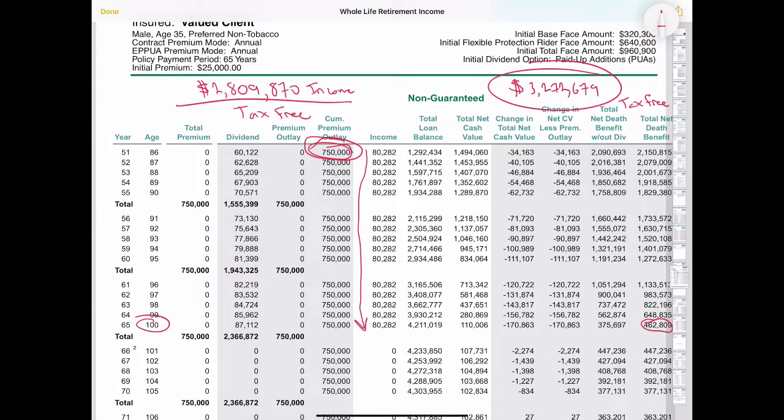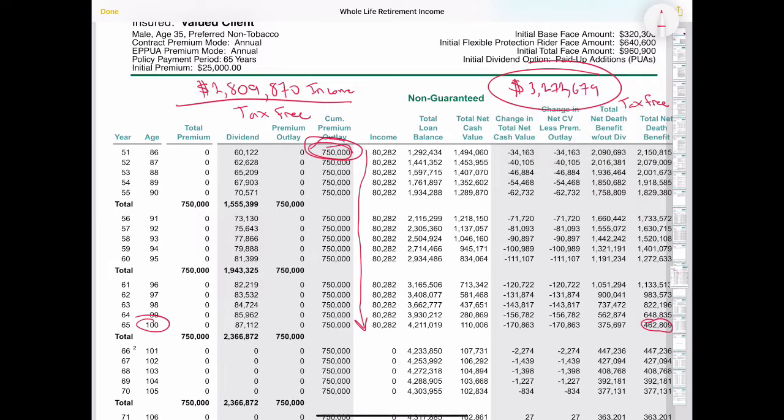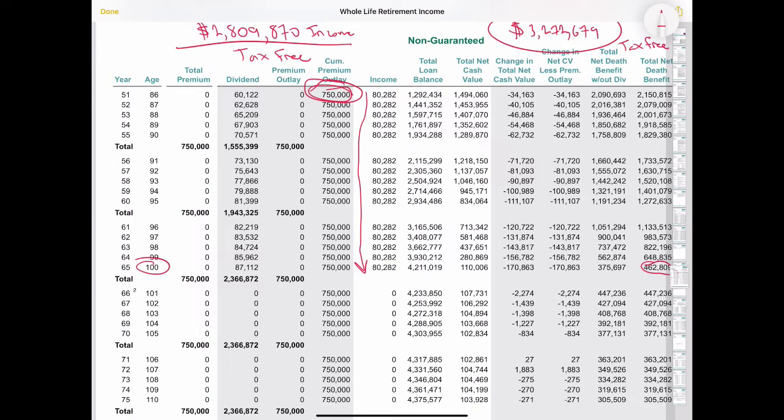So for a $750,000 total commitment in premiums paid out of pocket, we have a $3.4 almost million benefit, $2.5 million of which is the net gain, which comes entirely non-income taxable to this individual and his beneficiary. This is the mechanics of how this all works.